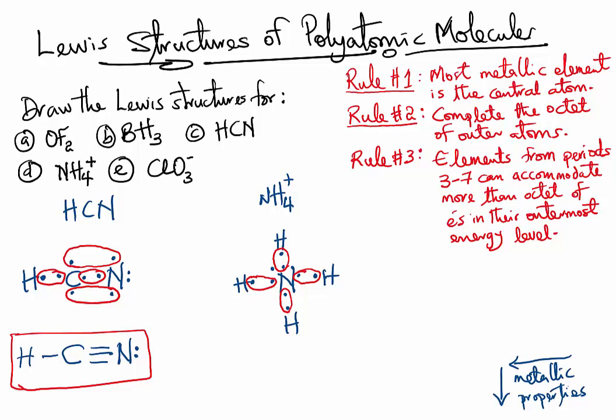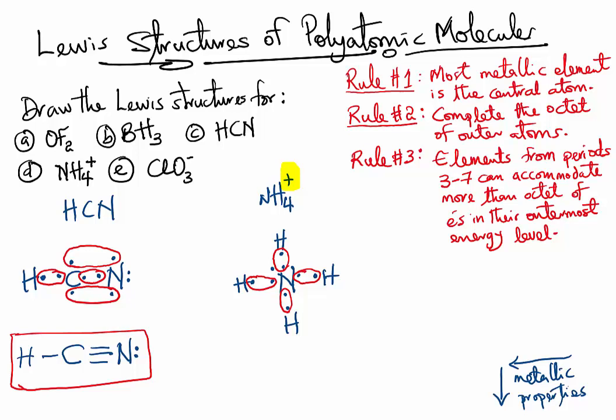But there is one thing we are not taking into consideration yet, and that is the positive charge. A positive charge means that we should remove an electron. If it is +1, you remove an electron. If it is +2, you remove 2 electrons, and so on.